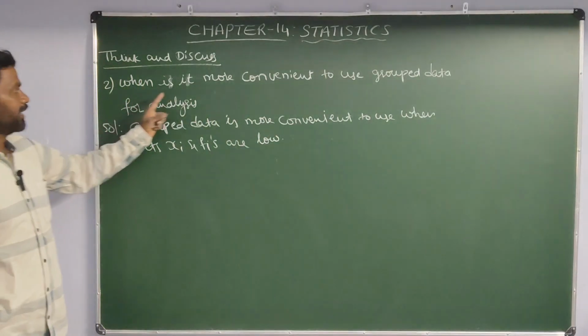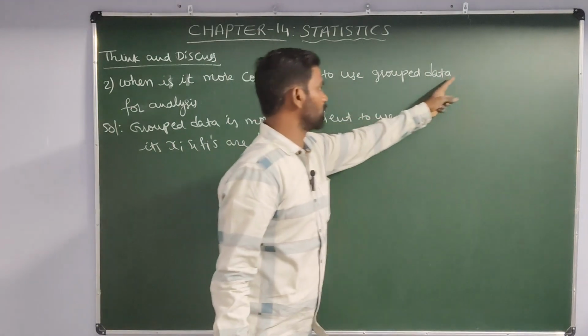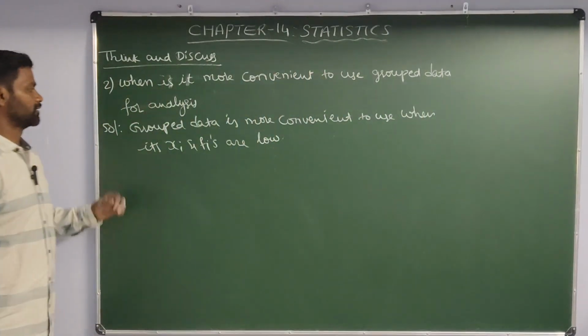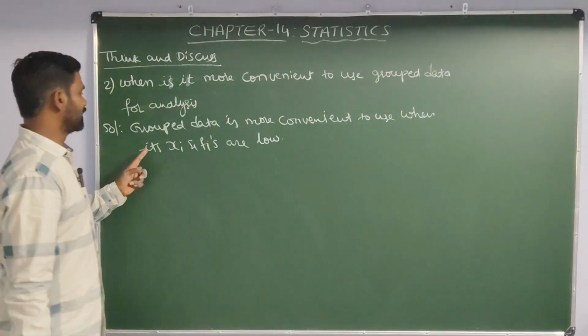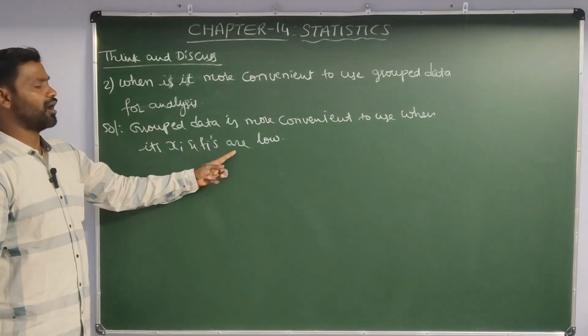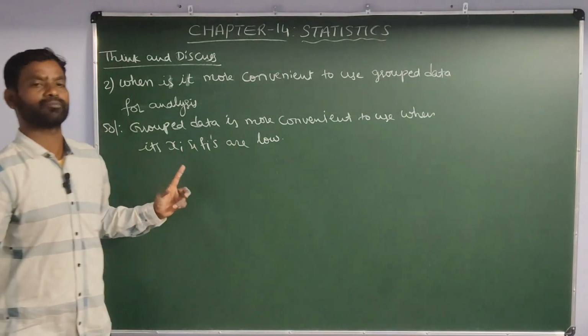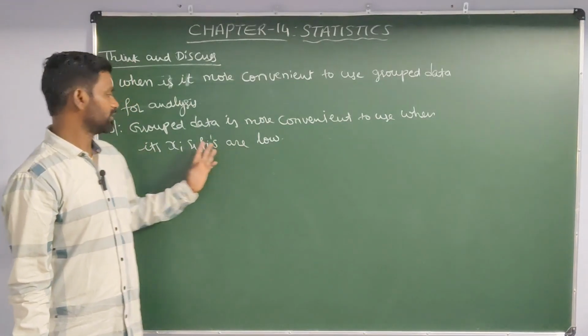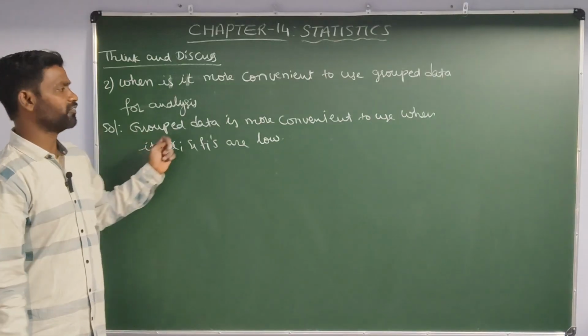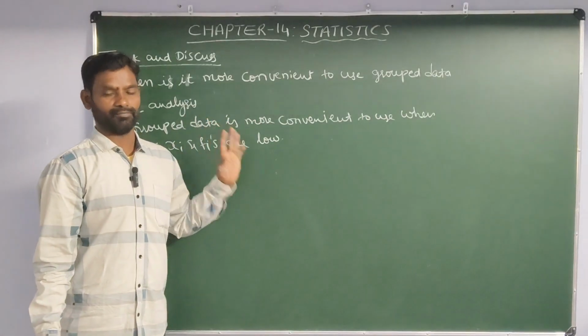When is it more convenient to use grouped data for analysis? Grouped data is more convenient to use when its xi's and fi's are large. Here xi's are nothing but observations and fi's are frequencies. So when they are large, it is more convenient to use grouped data.